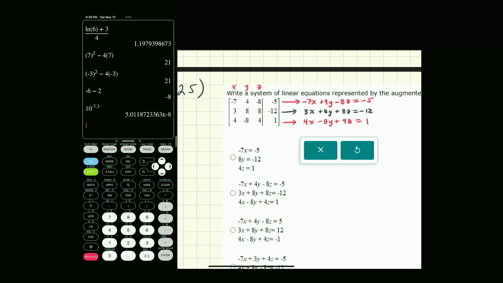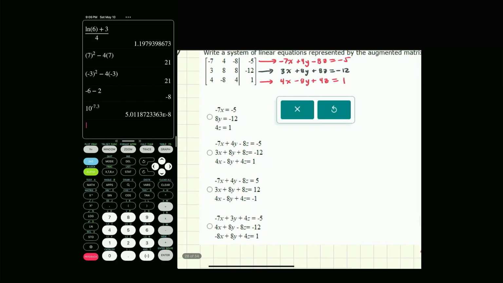Now we just got to make sure we very carefully find the answer choice that matches those. Negative 7x plus 4y minus 8z equals negative 5, 3 plus 8 plus 8, and then a negative 12. 4 minus 8 plus 4 and a positive 1. Looks like B is our choice here.